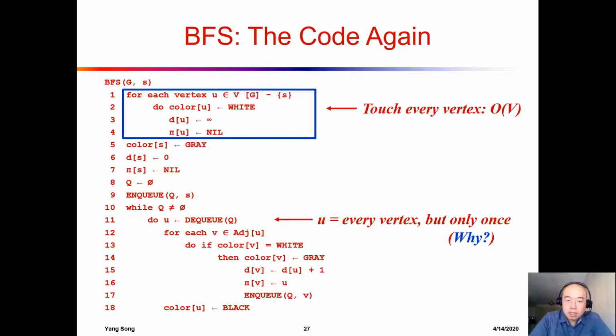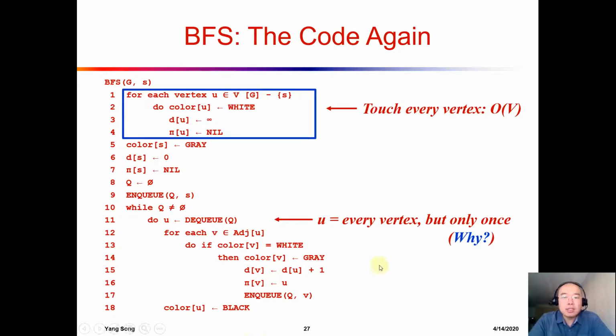Because we are only touching the white nodes, and when we explore a new white node, we enqueue that and we color that to be gray. But if we see another black node, this means the black node has already been explored, we don't want to enqueue that again.